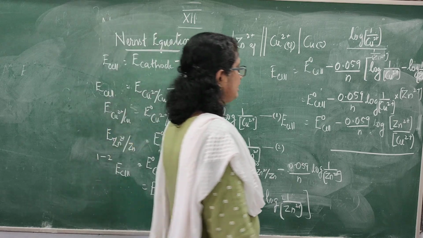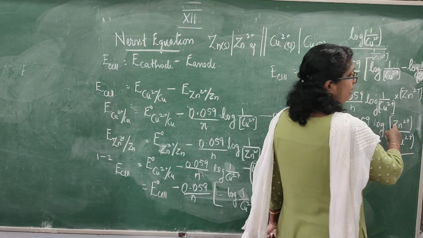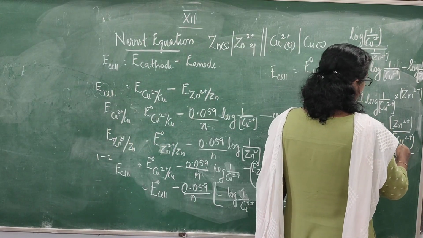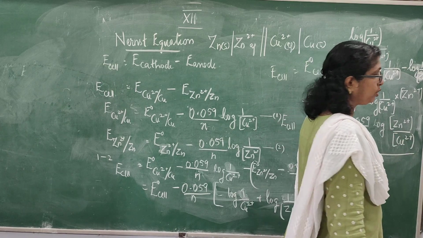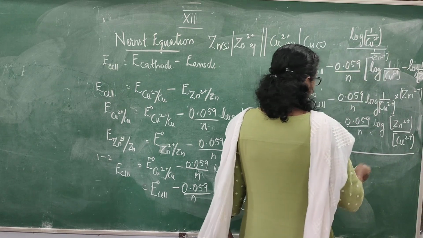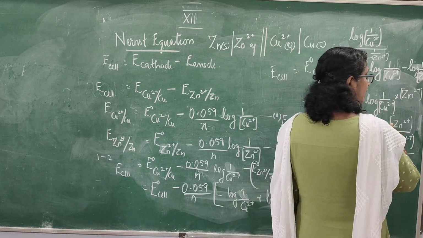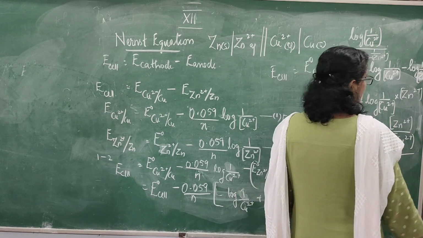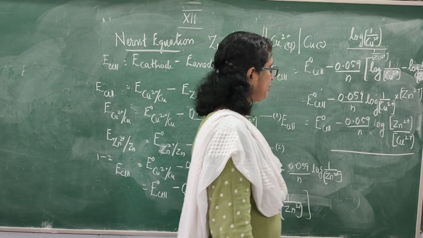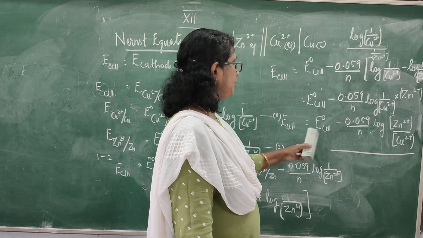Now this is the anode electrolyte concentration, and this is the concentration of the cathode compartment.